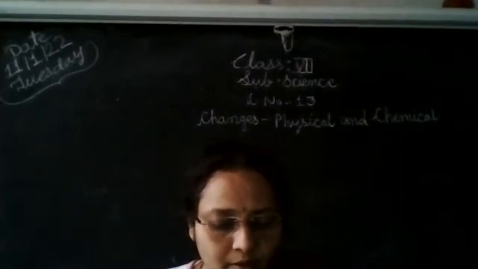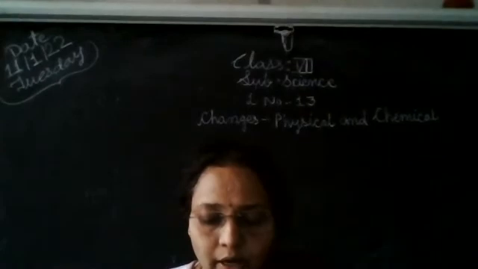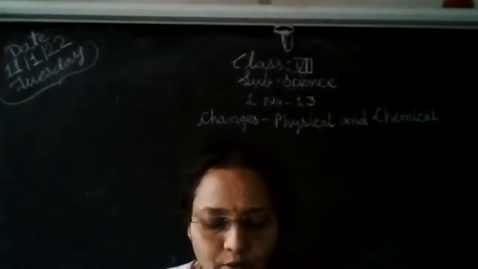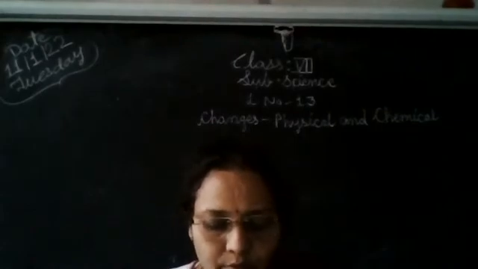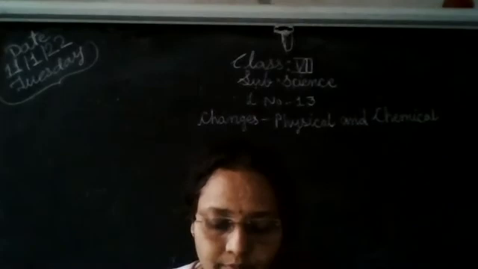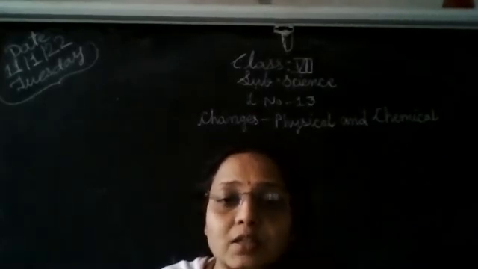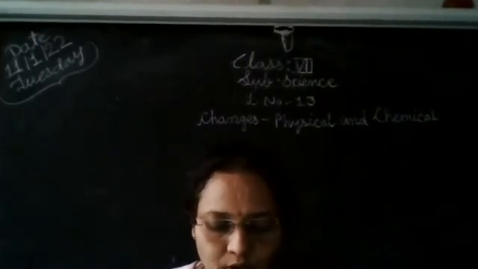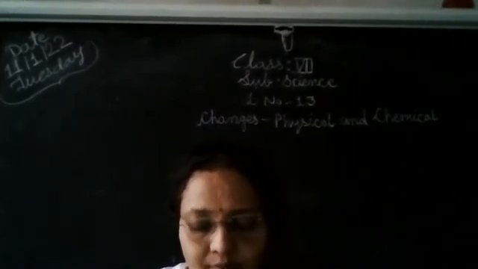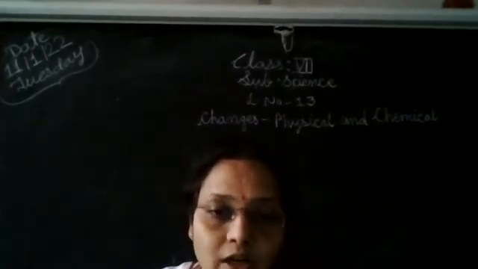Then one activity is given. Which of the following are physical changes and which are chemical? You have to make a table and mark which is a physical change and which is a chemical change. Breaking of glass is a physical change.